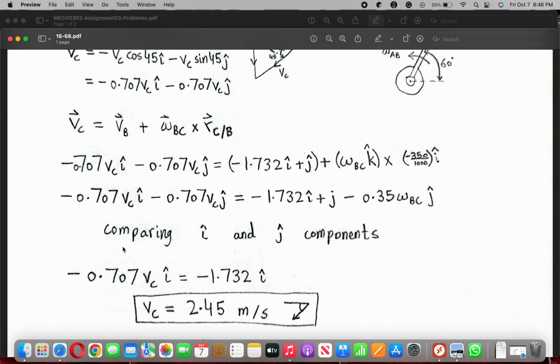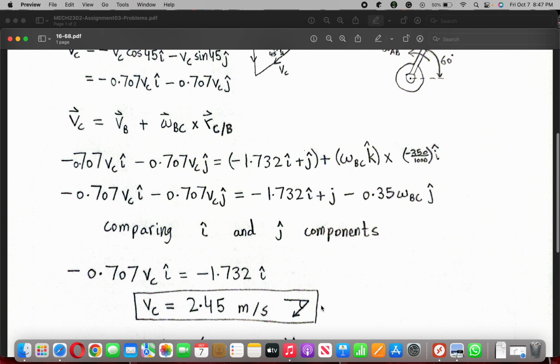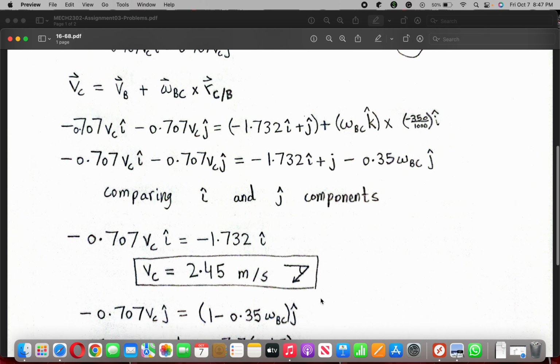By this we get velocity C, which is 2.45 meters per second, and we know its direction from the diagram, that it is acting vertically downwards and with a slight angle as well, an angle of 45 degrees.